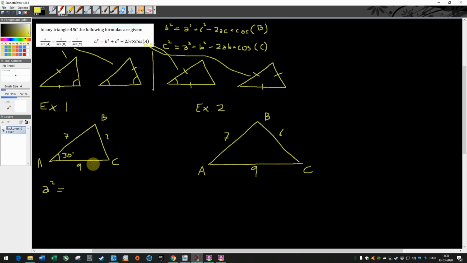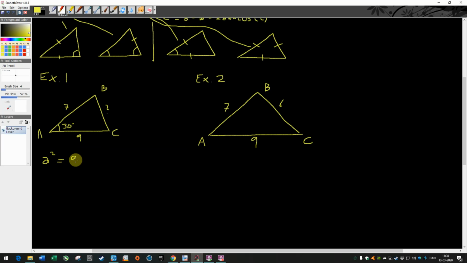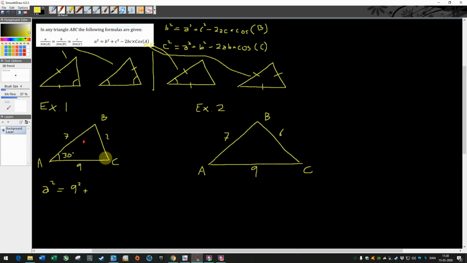So b, that is 9, so 9 squared plus c squared, that is 7 squared of course, minus 2 times b, which is 9, times c, which is 7, and multiplied with cosine of 30.